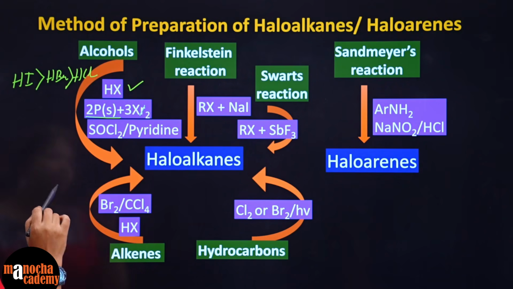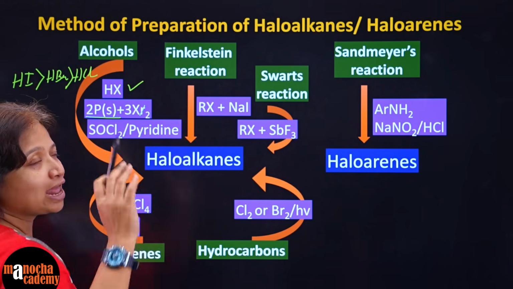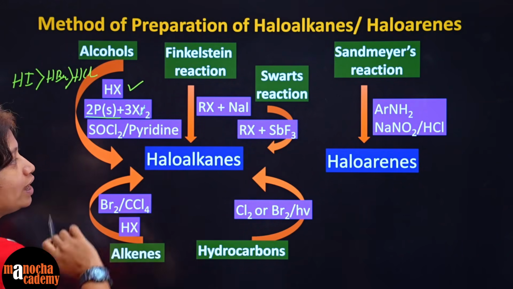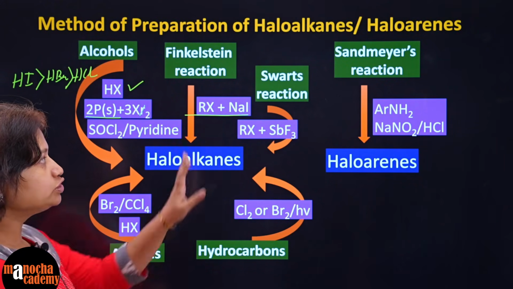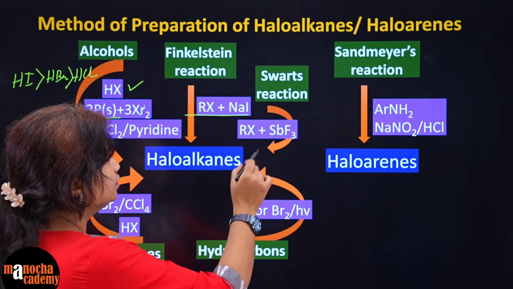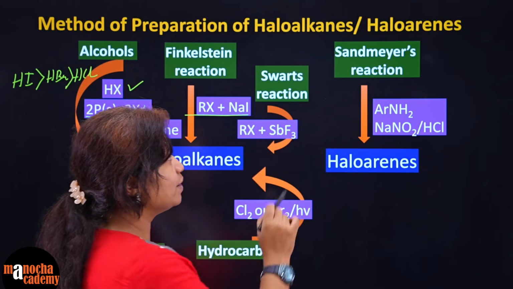Then the Finkelstein reaction: you can convert chloroalkane or bromoalkane to the corresponding iodoalkane. Swarts reaction, bromoalkane to fluoroalkane, where you can use SbF3 or AgF, it's up to you. Then you have also seen the Sandmeyer reaction.